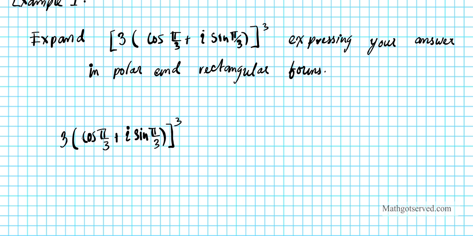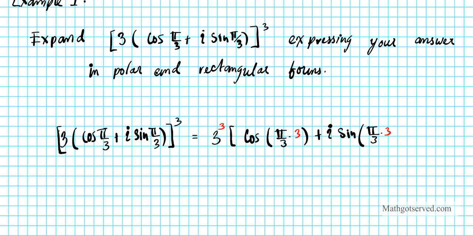If we look at De Moivre's theorem, what it tells us to do is raise the radius to the power and multiply the power by the angles. So we're going to have 3 to the third. That's like r to the n. 3 to the third times cosine of pi over 3 multiplied by the power, which is 3, plus i sine pi over 3 multiplied by the power, which is 3.